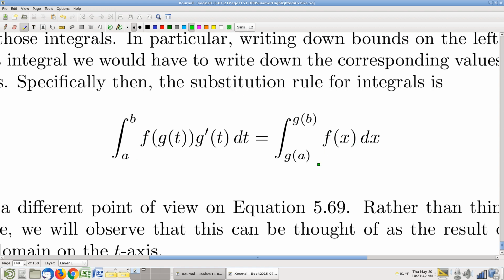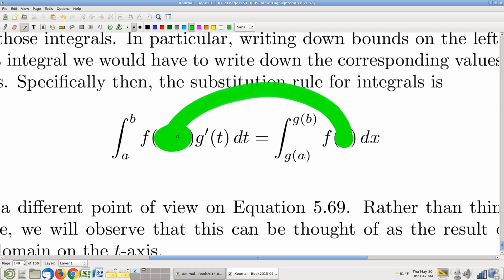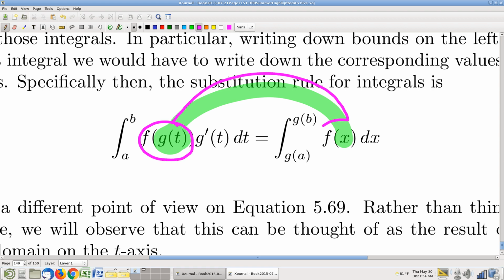In fact, if x is g of t, then really that is equal to that, and so here's the actual change that we're making to the integrand, other than plugging in x equals g of t. We're introducing a new factor into the integrand in the form of g prime. So that's the modification that we make.